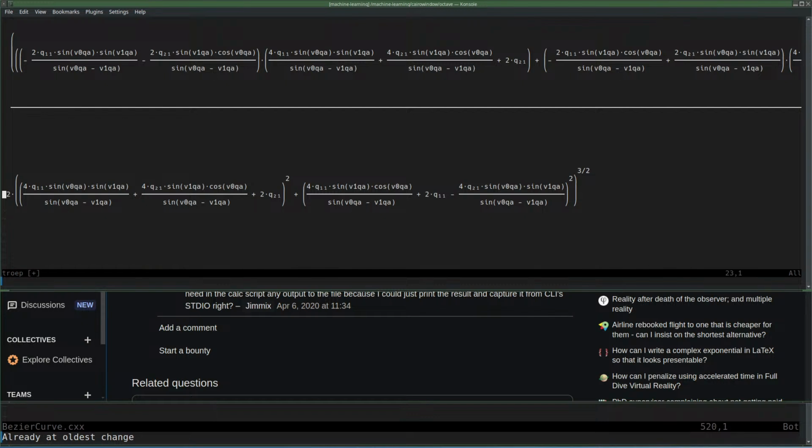Could, for example, take the 4 out here. That has a 4, that has a 4. Oh, this does not have a 4. Okay, could take a 2 out then. The 2 squared is a 4. This one also has a 4, a 2 and a 4.